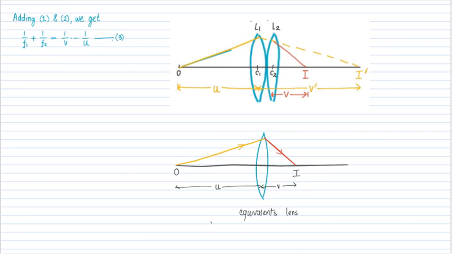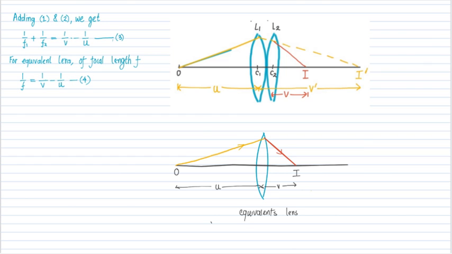So I can write, for the equivalent lens of focal length f, using the thin lens formula, 1 by f equals 1 by image distance v minus 1 by object distance u. This is my equation 4.